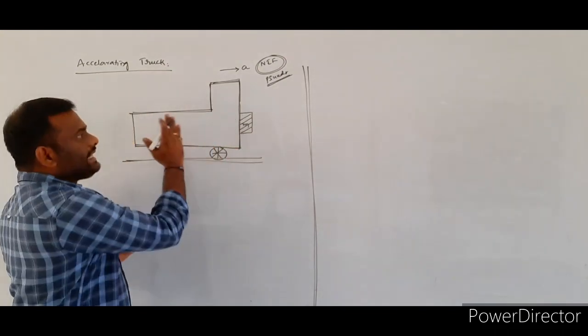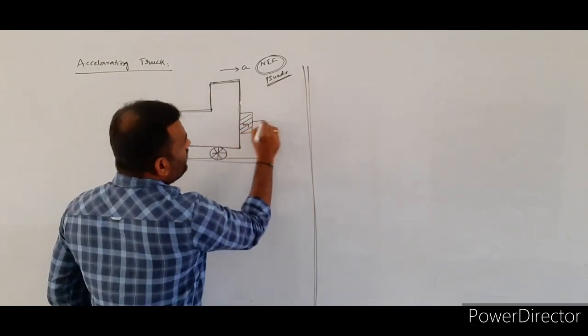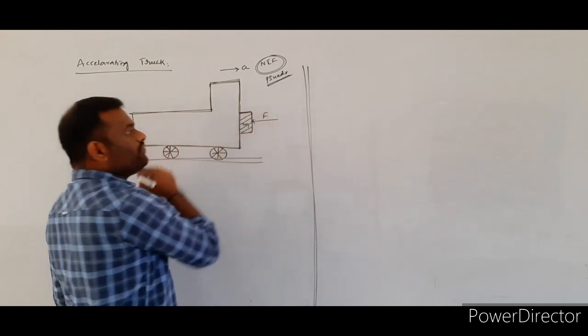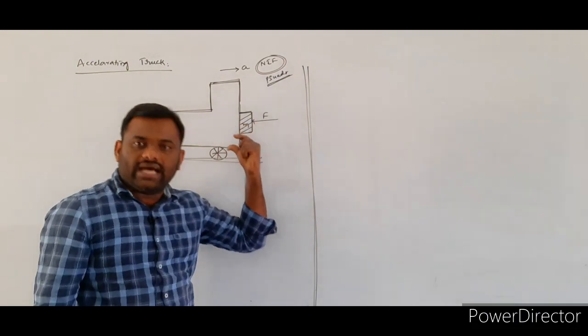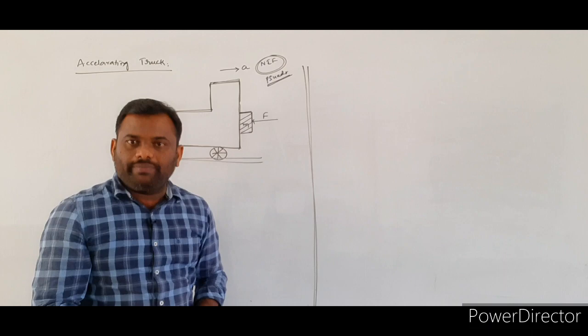So here the truck itself will be accelerating towards the right side, so the pseudo force is acting on the block of mass m towards the left side. Like that the pseudo force will be acting.